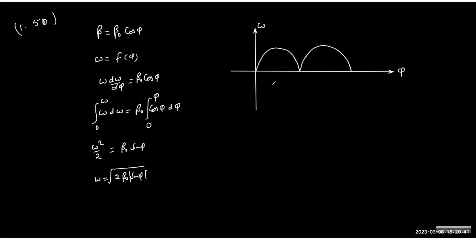Okay, so it will be 0. Taking the root will keep it a curve only. Root sine phi. I need to check the root sine phi graph. Something similar, but somewhat different for sure.